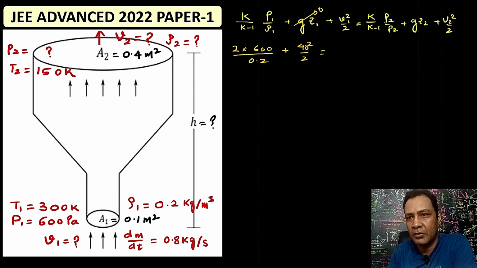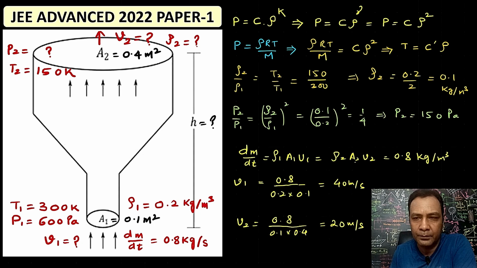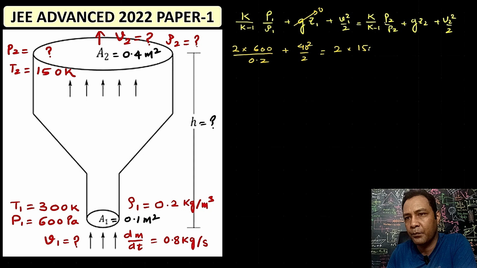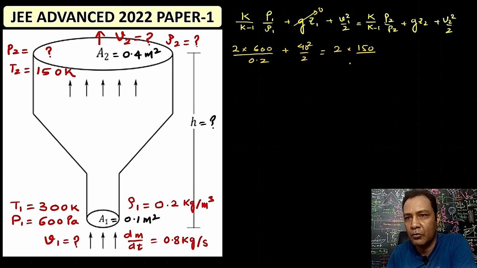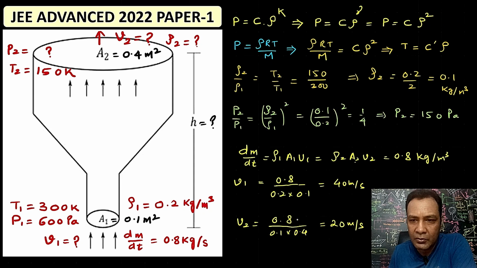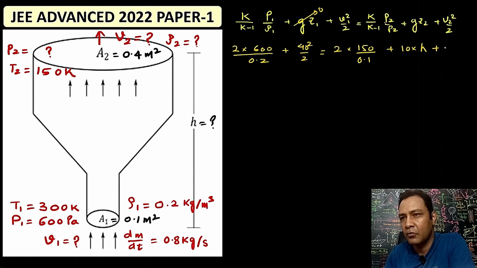At the upper end, k upon k minus 1 is obviously 2, p2 we had calculated to be 150, so 150 by rho 2, where rho 2 was half of rho 1, so 0.1, and gz2, where z2 here is h, that is what we have to calculate, and the velocity we calculated there is 20. So 20 square by 2.